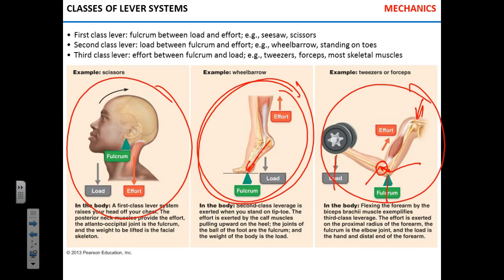The distance between the fulcrum and the load is large. It's extremely mechanically disadvantageous. So the amount of weight that we can curl is limited, but the range of motion and the speed is really high. Does that make sense?